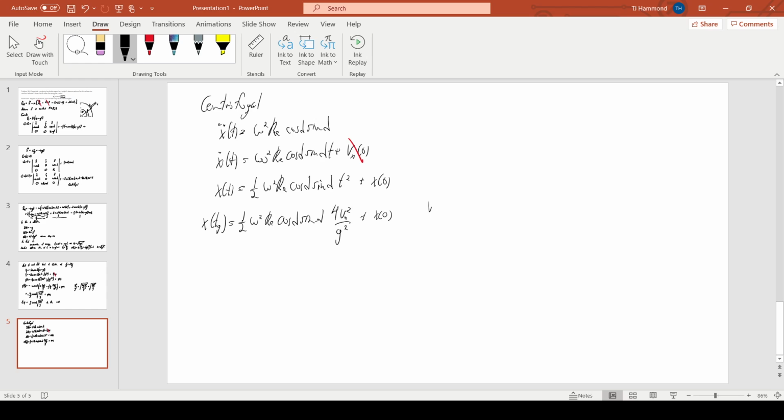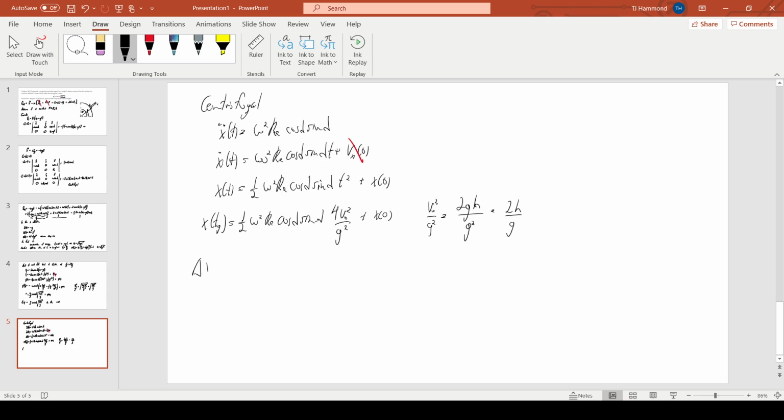And what we had before was v naught squared over g squared is going to be 2gh over g squared, which is going to be 2h over g.